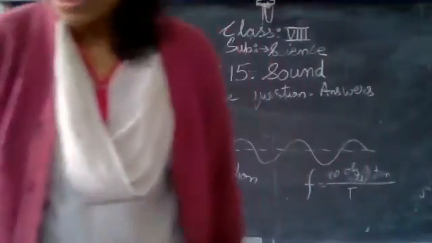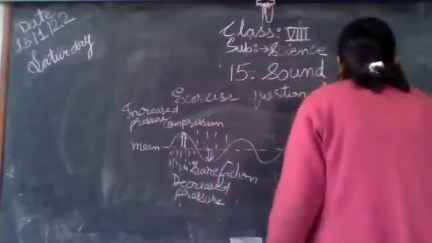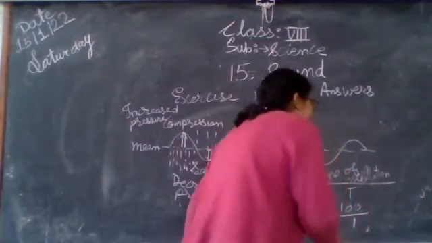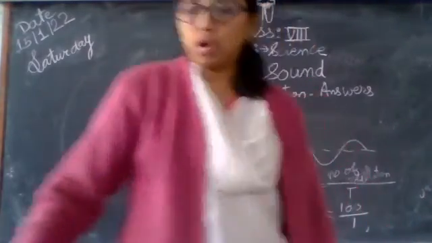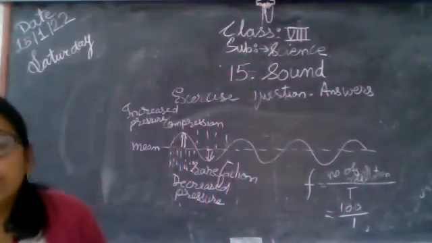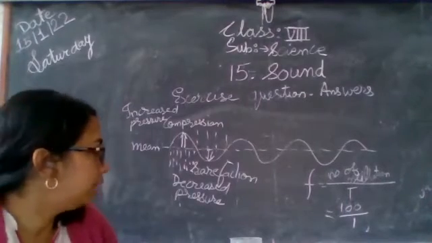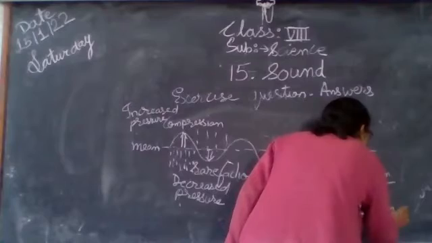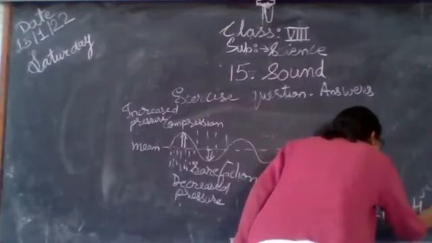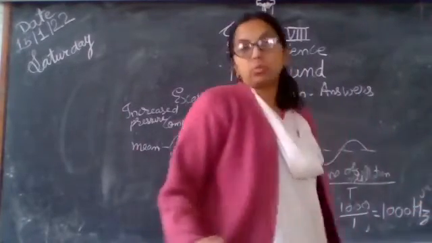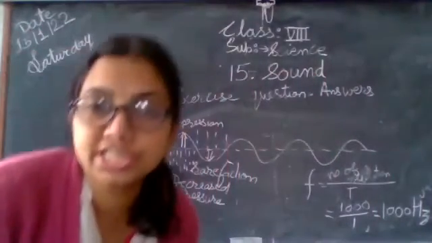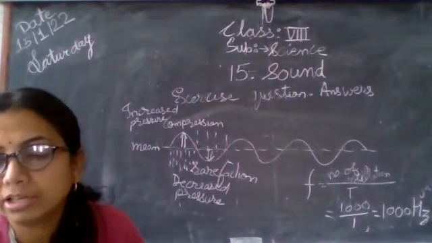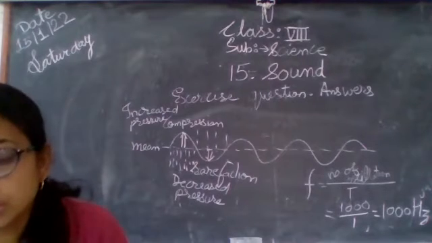Therefore, if 1000 waves are being created in 1 second, what should be the answer here? The frequency will be 1000 hertz, and the unit of frequency is hertz. Okay. So in the third blank, you are going to write 1000 hertz.